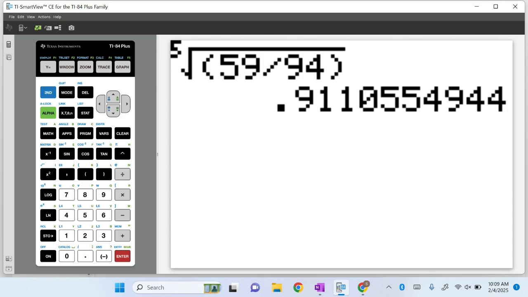So in this case, we're going to round. I'm going to say round to the nearest hundredth, which means we're rounding to how many decimal places? 2 decimal places. So if I round to 2 decimal places, what's my b value? 0.91.